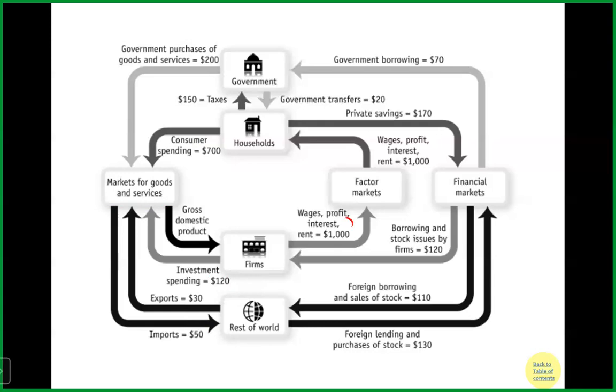The number is here. Why? It only tells you $1,000 goes to wage, profit, interest, rent. That's a payment for the use of resources.